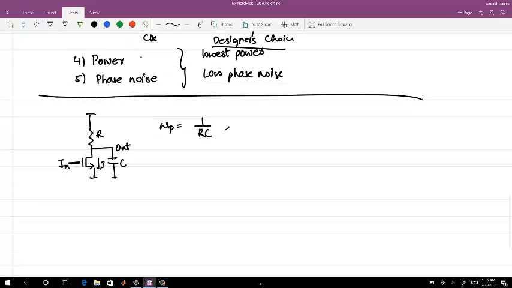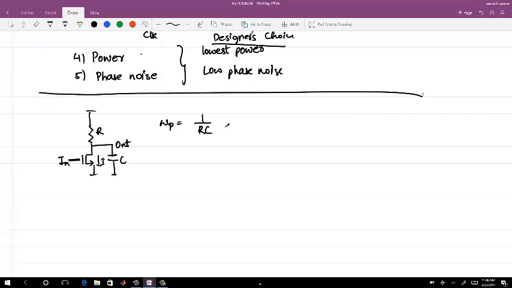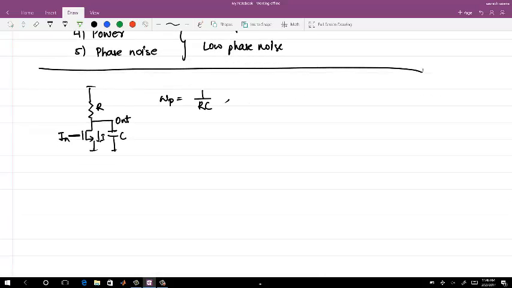In this particular case, you cannot switch off the current source completely, right? Because otherwise all your linear gain and everything is off the hook. So if you want this oscillation frequency omega p equal to 1 by RC, you are operating this transistor in the saturation region, and the swing is limited by the gain gm Ro.